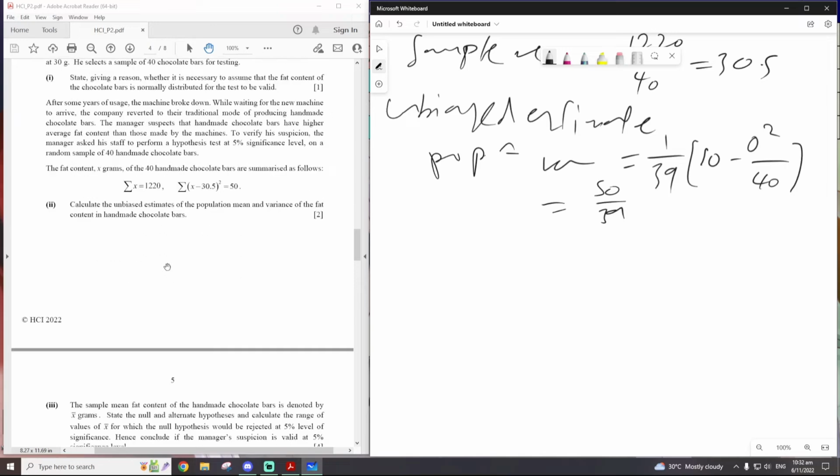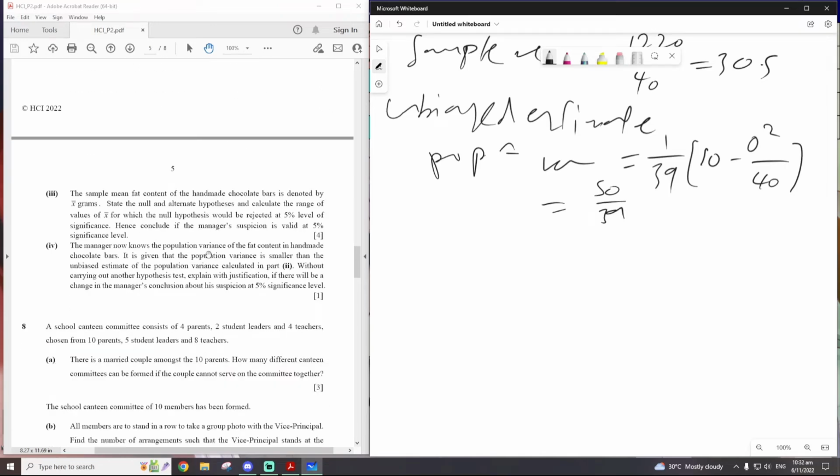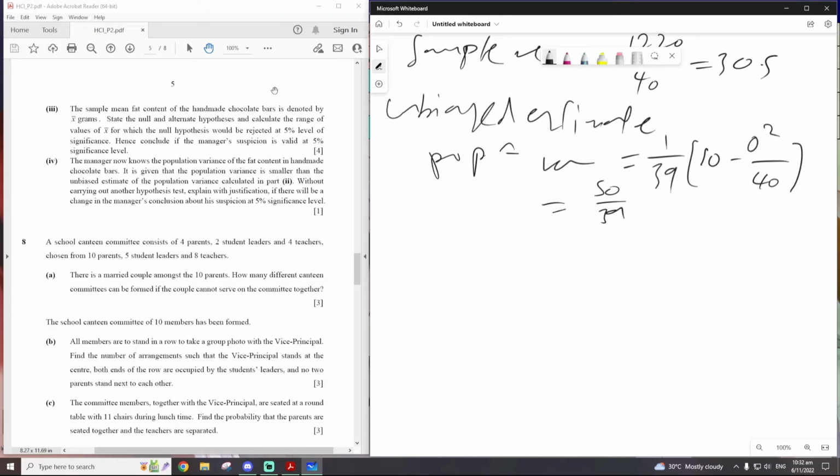I think that's no problem. The sample mean fat content of the handmade chocolate bars is denoted by X bar. State the null and alternative hypotheses. Okay, so the manager suspects that the fat content is increased, is higher, right?